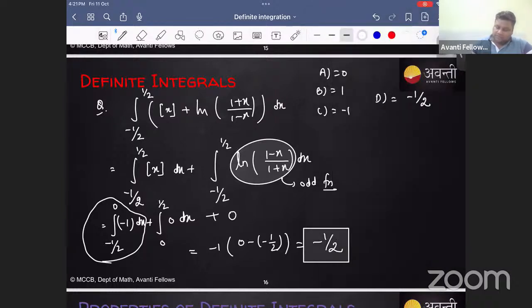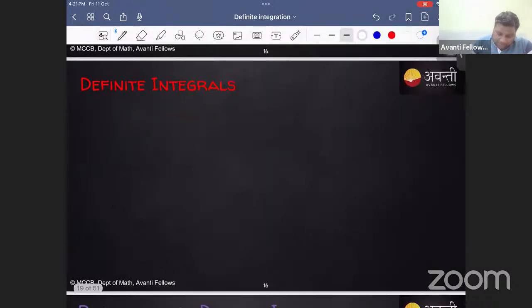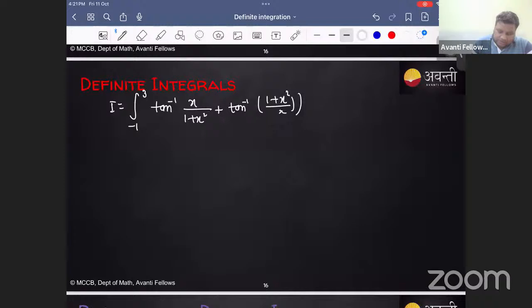Now, let's try another question on the same property. Integration from minus 1 to 3 of tan inverse of x upon 1 plus x square plus tan inverse of 1 plus x square upon x dx. How would you do it?